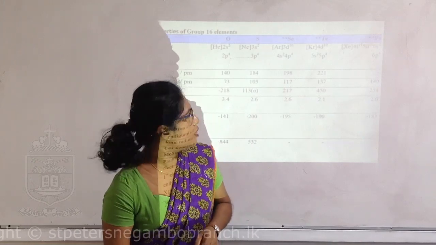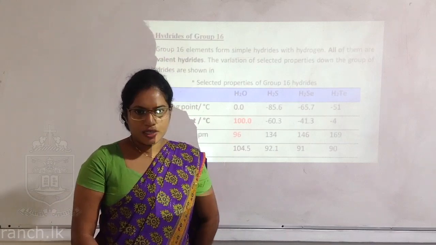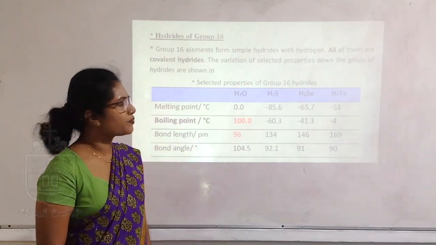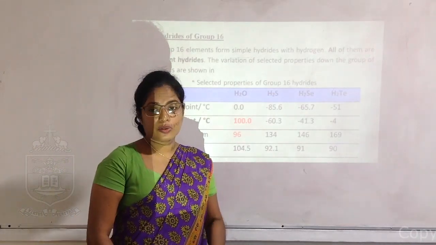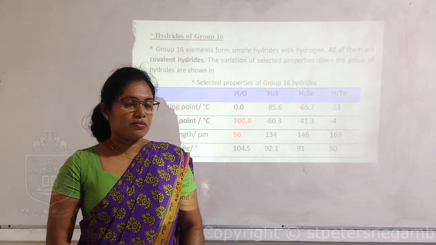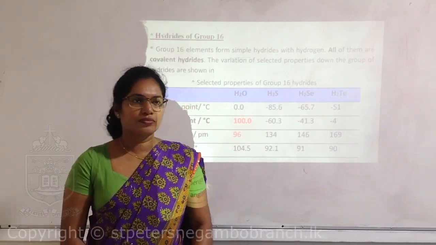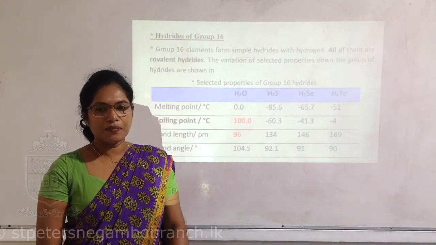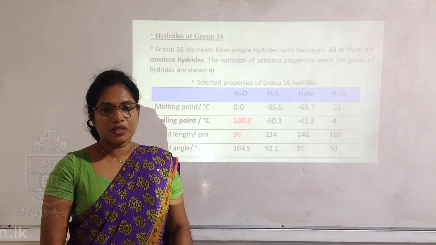Now we are moving to the hydrides of group 16. Hydrides of group 16 are very important, because the most important compound on earth is water, and water is also a hydride of group 16.